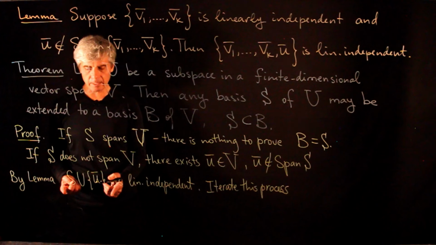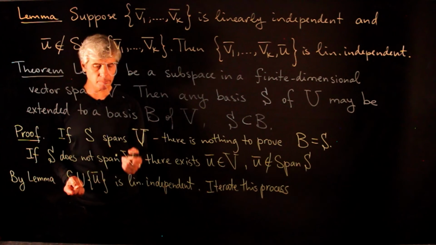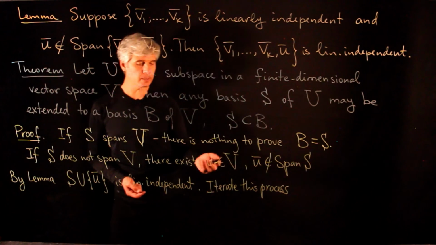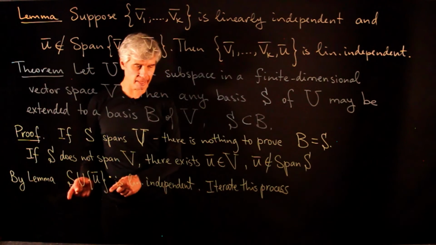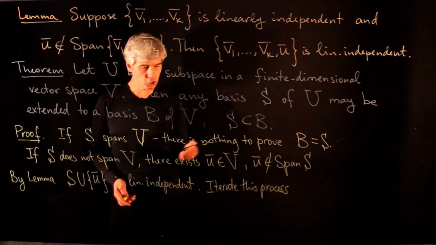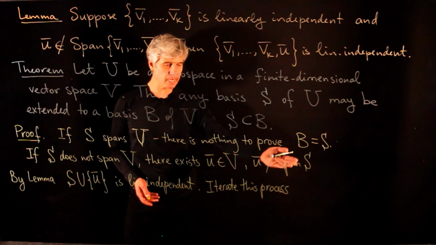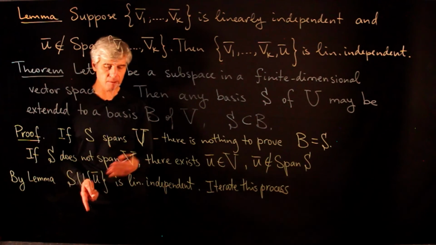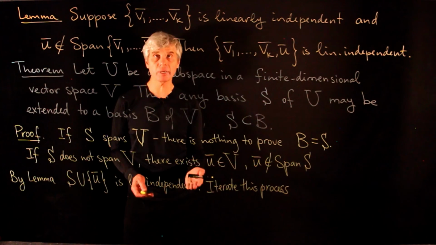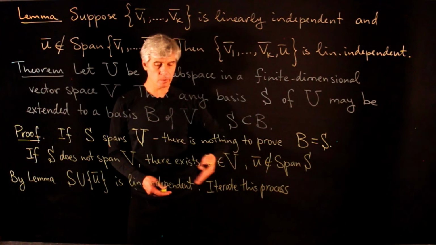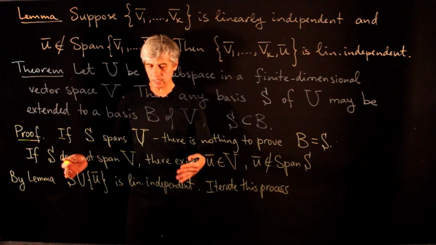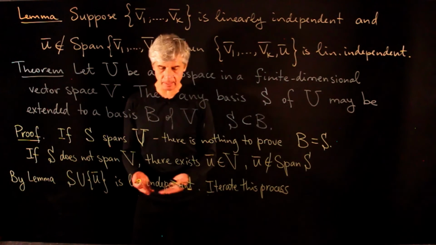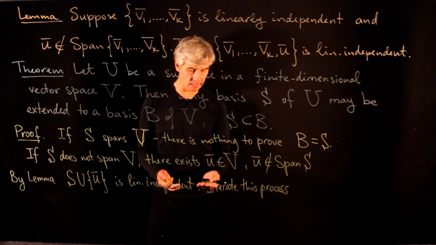So then we get a linearly independent set that spans V. If it does not span V, then we can find a vector in V outside of this span, and then we add this vector to our set, and the resulting set is linearly independent by lemma. And we iterate this process, increasing this set, adding vectors one by one, keeping the linear independence property.